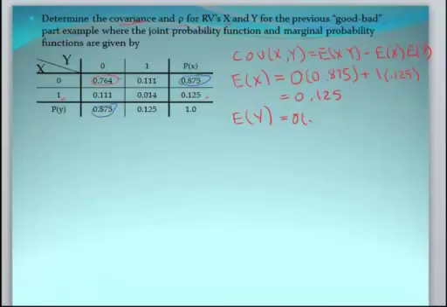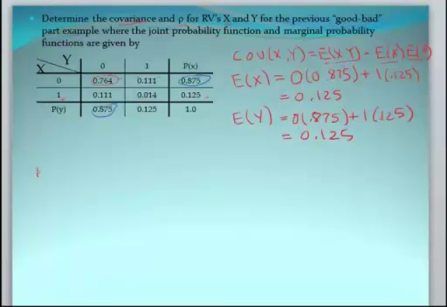And the expected value of y is just, let's see, 0 times 0.875 plus 1 times 0.125 is equal to, by golly, the same thing, 0.125. So now we've gotten these two values figured out, and the only one we still need to figure out is this one right there. How do we calculate that?